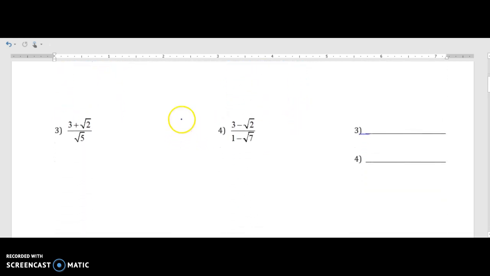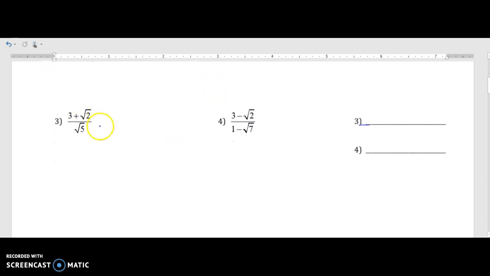Okay, third example. In order to get rid of the radical in the denominator, we have to rationalize it. How do we do it? We multiply numerator and denominator by root 5, right? Because that's the radical we need to get rid of in the denominator. Now up top, I have to distribute this root 5. So 3 times root 5 gives me 3 root 5.